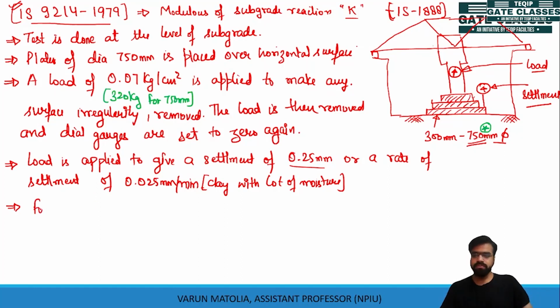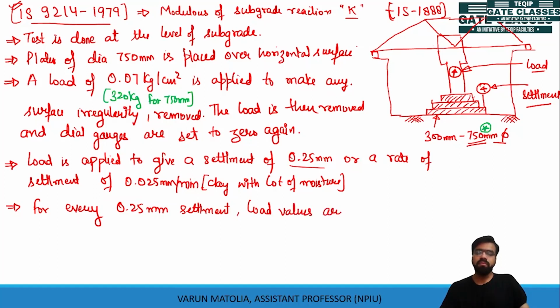So for every 0.25 mm settlement, load values are noted up to a total settlement of 1.75 mm.